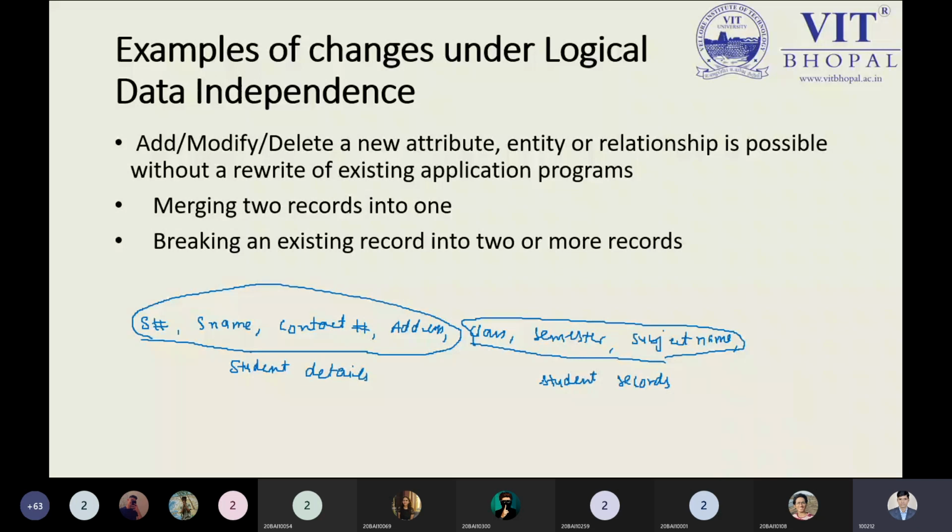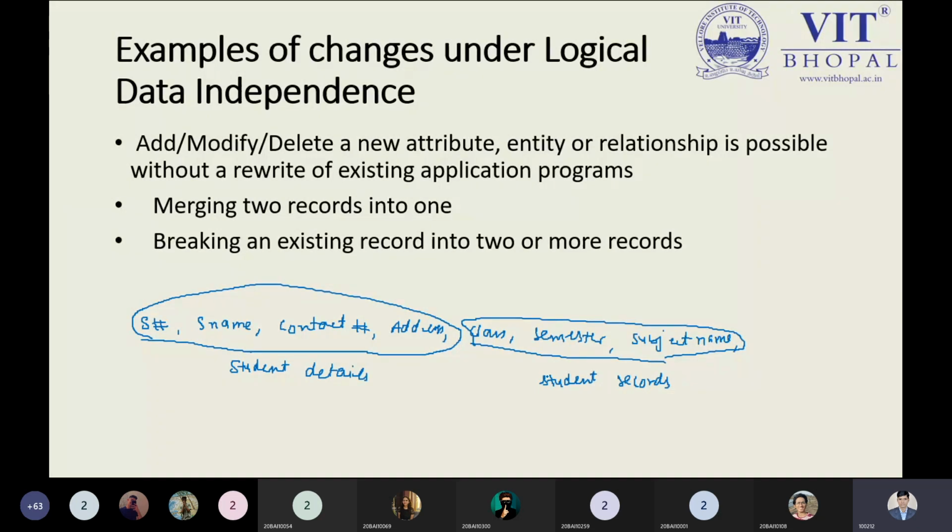So I'm breaking my record or breaking my database into two parts. The information held by the previous database and previous record should not be lost. And if it is lost, then I'm not having logical data independence. That is the meaning.